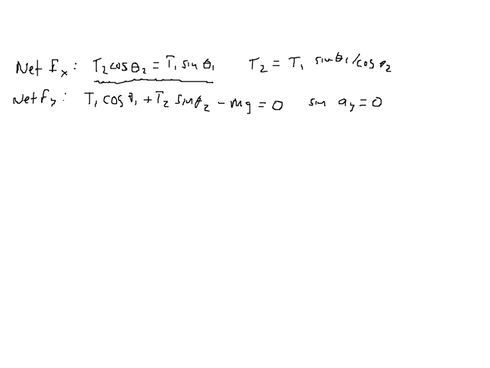I actually skipped a step right here. I should have started by saying T2 cos theta 2 minus T1 sine theta 1 is equal to 0. But I jumped right to this step here. So I'm not sure if that's a good thing or not.